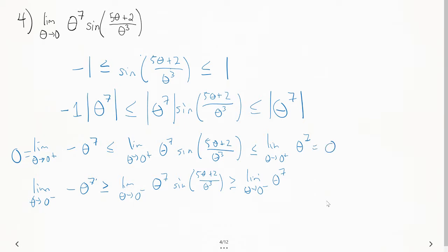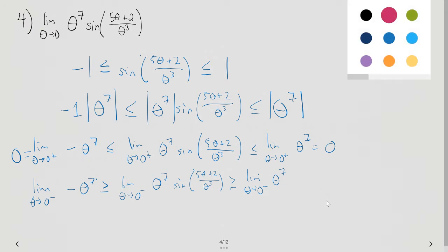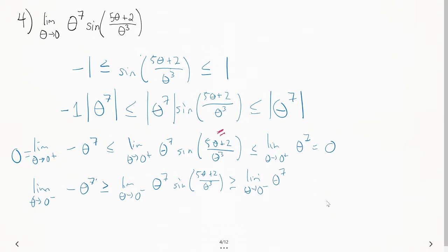So basically, that means this equals 0 by the squeeze theorem. In a similar manner, our left-hand side down below is equal to 0, our right-hand side is equal to 0, so basically we've squeezed this thing, and that equals 0 by the squeeze theorem.